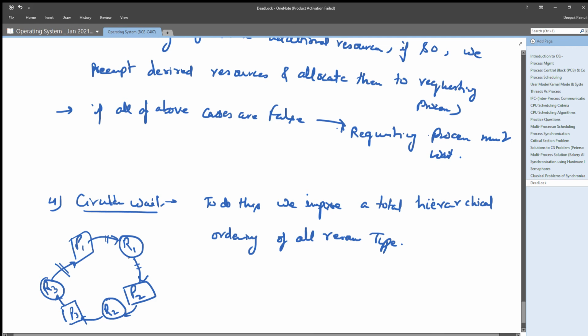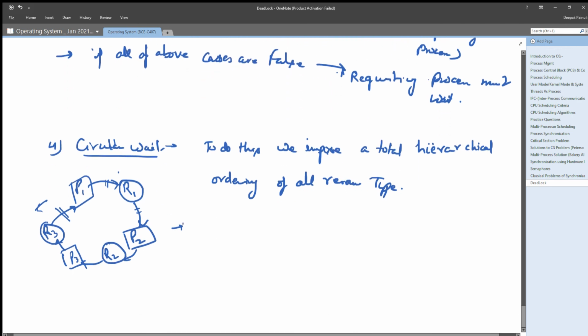So we say that P1 will only request R1 without holding R3, right?